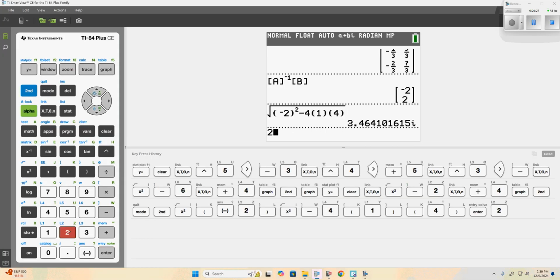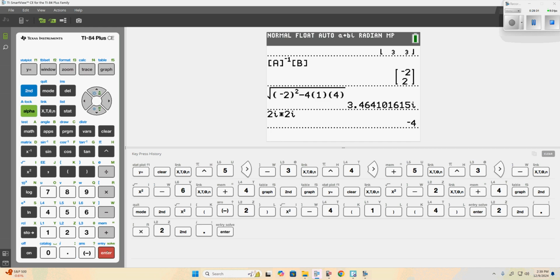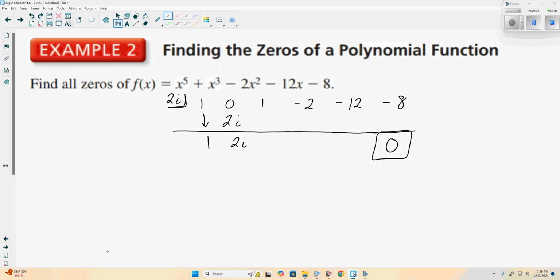Well, 2i times 2i is negative 4, because i squared is negative 1. 1 plus negative 4 is negative 3. 2i times negative 3 is negative 6i. Negative 2 and negative 6i are not like terms. So we actually get negative 2 minus 6i.